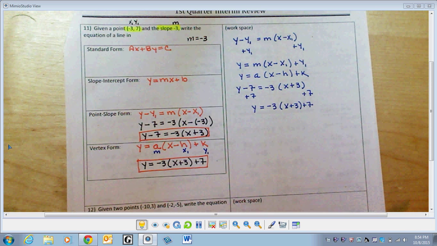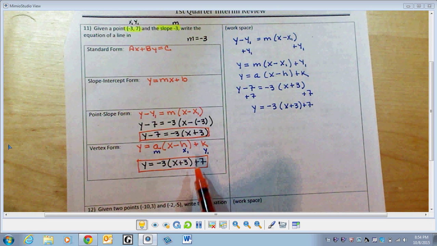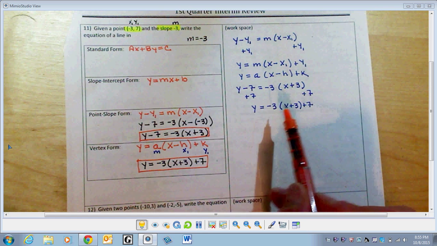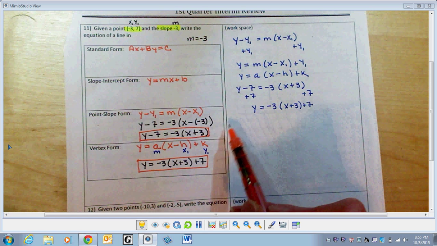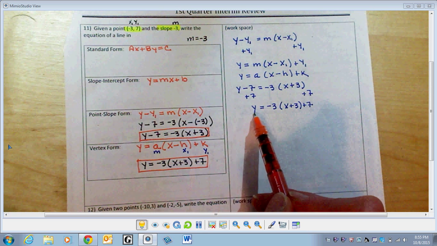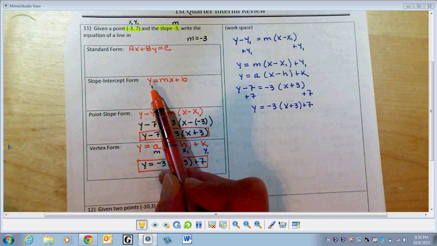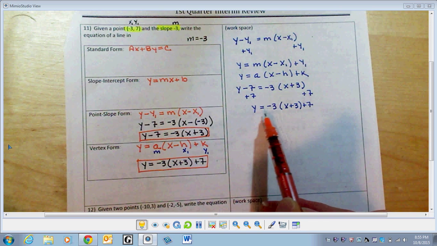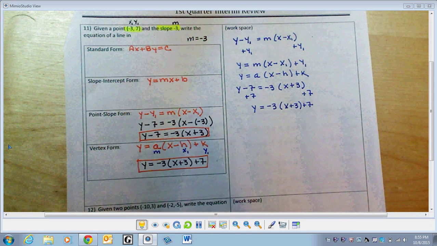Okay, so now I'm looking at either one of these. I want to get it into slope-intercept form. This has y by itself already. My vertex form has y by itself. My slope-intercept form has y by itself. So I'm now going to work from my vertex form to get slope-intercept form.